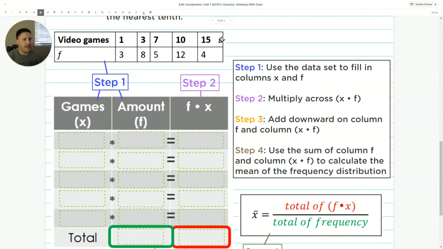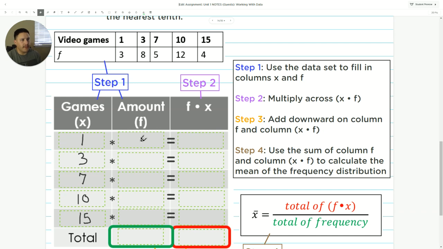So we're going to take this video game column. This is our X column. So in these blanks should be 1, 3, 7, 10, and 15. The frequencies for each one of these.